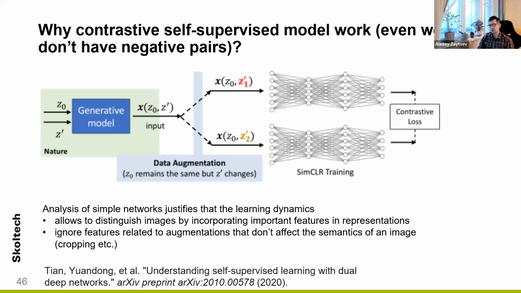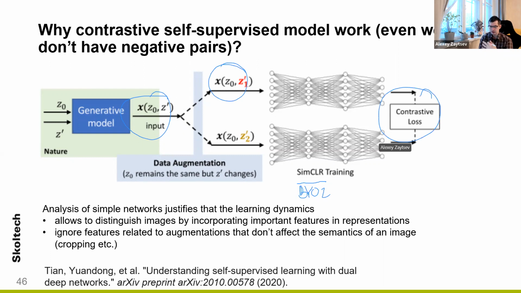Also, we can try to prove some theorems on the dynamics of the loss function. And we can say, okay, let's simplify our model, as we usually do when we want to prove some theorems. And we will try to examine SimCLR learning and a variant of BYOL when we have no negative examples here. So we say that we have the same input, we have some augmentations here, and we have some contrastive mode.